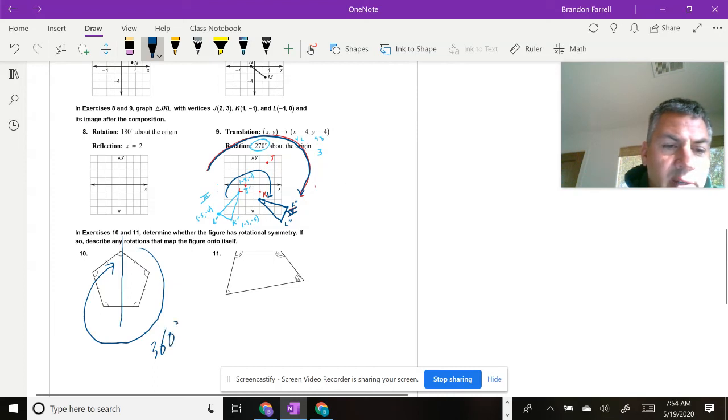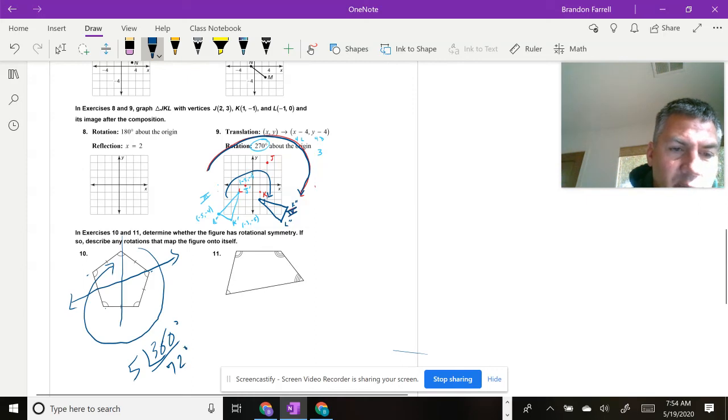If I rotate it 360 degrees, it looks the same. Well, if I only rotate it to here, it also is going to look the same. So what is the angle of rotation there? Well, you just count 1, 2, 3, 4, 5 rotations, divide that by 5. That's going to be 72 degrees. So every 72 degrees, that thing rotates around.